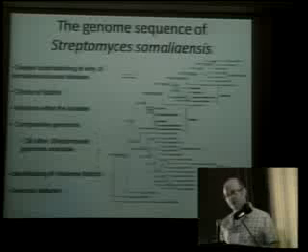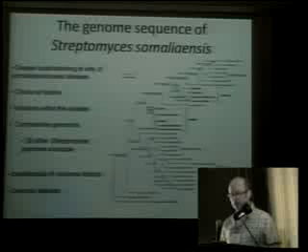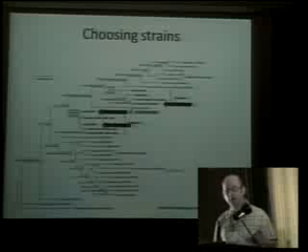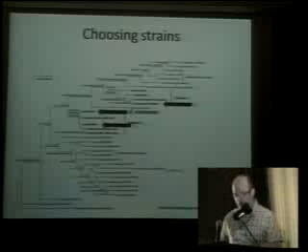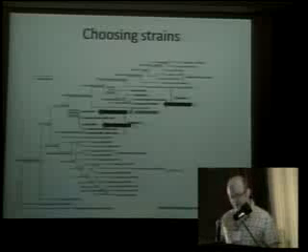This will speed up the identification of virulence factors and will also allow us to identify specific genomic features of our strains of interest. So in terms of choosing strains, we had access to several isolates that all largely came from Ahmed's lab, and also the type strain of Streptomyces somaliensis, which you can see illustrated here.